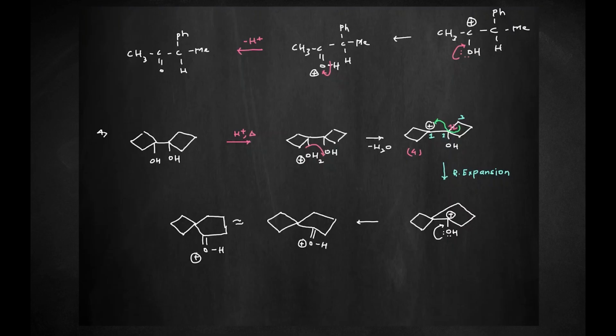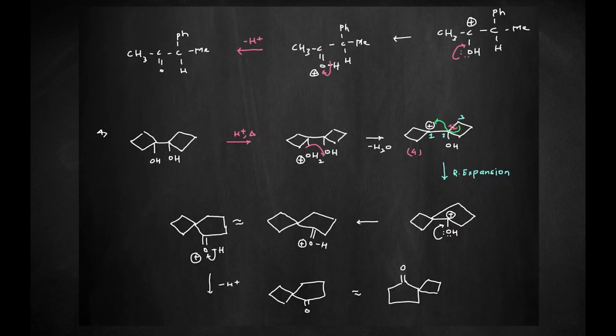Okay, both are one and the same. And in the last step, H plus will be released, and what product you will get? This is your final product. Okay, we can write this in this fashion as well. This is 5-membered ring, double bond, and this is the 4-membered ring.